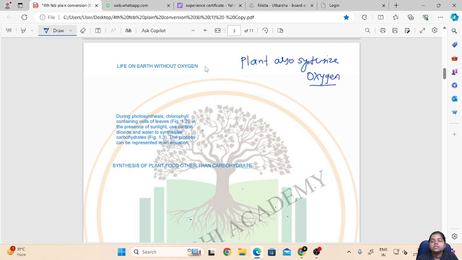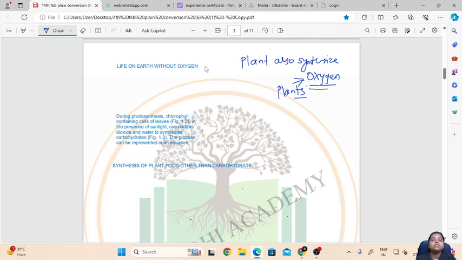They synthesize the carbohydrate for themselves, and they also produce oxygen, which is taken by us. We breathe oxygen, right? And we give out carbon dioxide. So from where do we get this oxygen? We get this oxygen through the photosynthesis process by plants. Plants give us this oxygen.